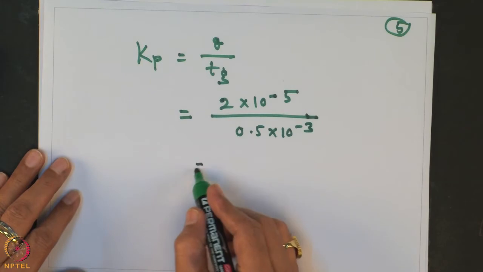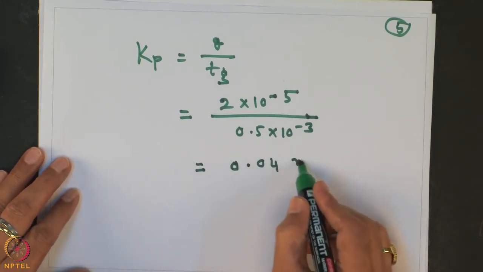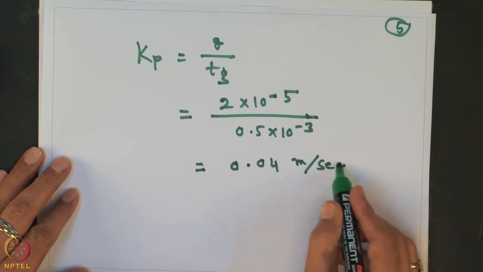This will give you the K of P value of 0.04 meter per second.